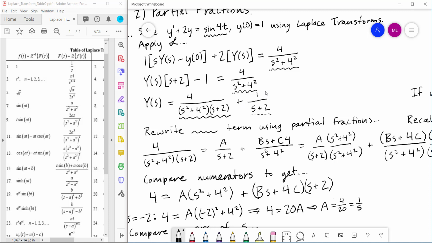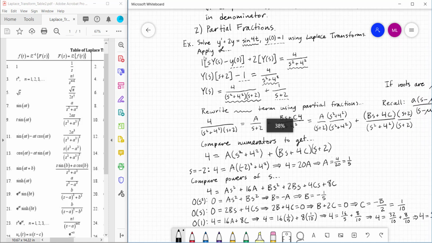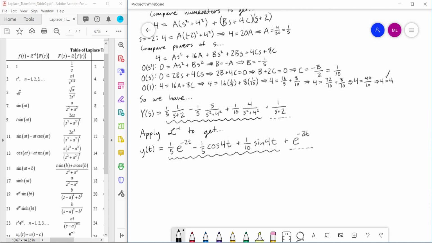So that's really traced back to this term here. But where did that term come from? That term was our minus y of 0. This term is our initial condition. So the initial condition wound up contributing basically this portion of our solution.